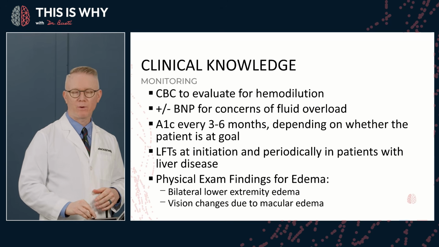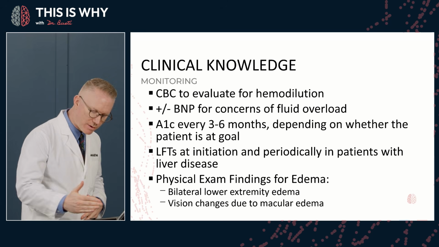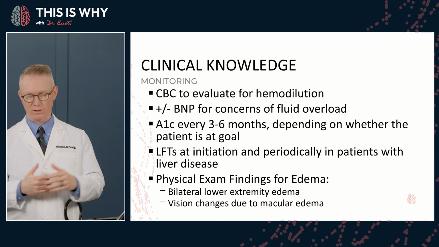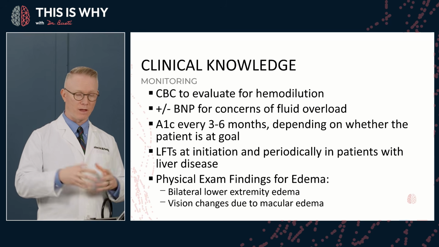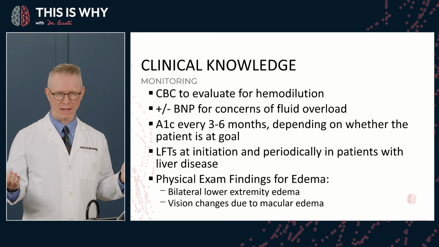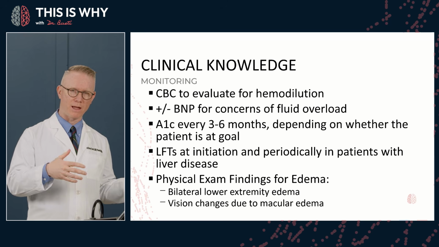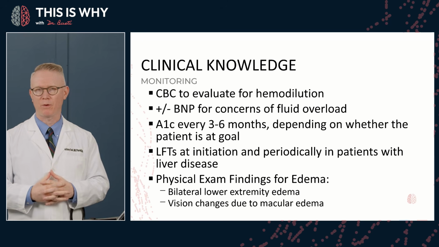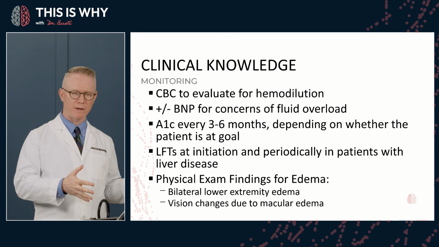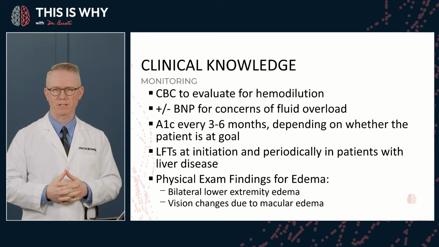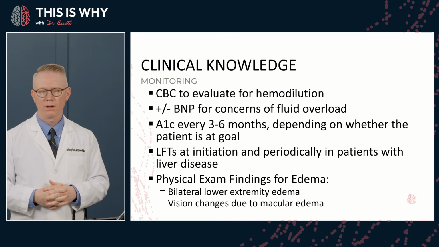From a monitoring standpoint, the CBC gives you the hemoglobin and hematocrit to allow you to understand and monitor that dilutional effect. If you have strong concerns about fluid overload, checking a proBNP or a BNP can be helpful because of that accumulation of fluid. And then, of course, you want a baseline A1C, and check it at 3 to 6 months to make sure they get to their goal.